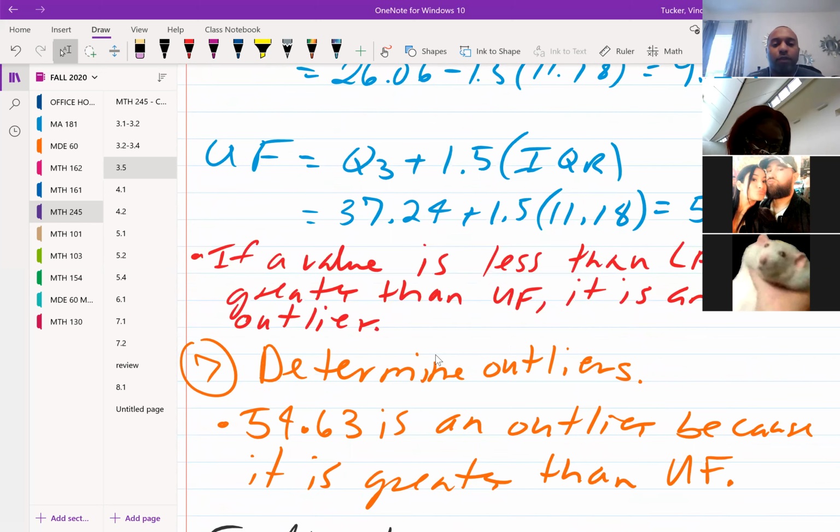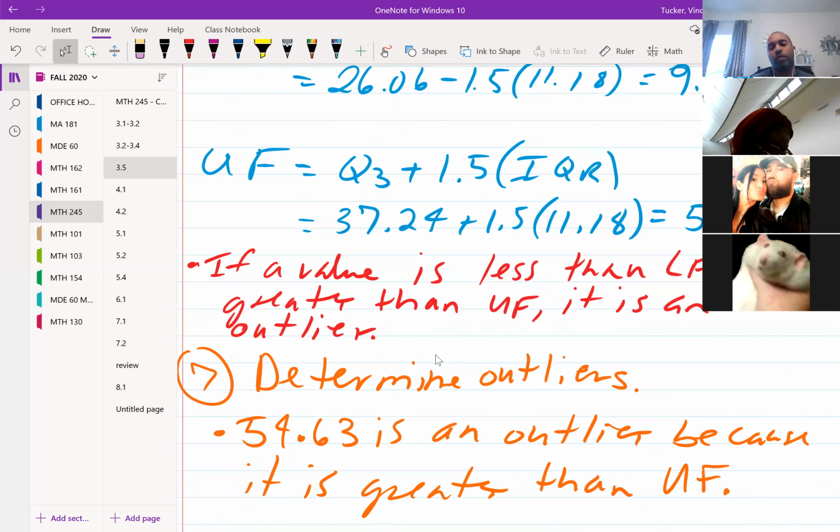And so we see that 54.63 is an outlier because it is greater than the upper fence. All right. So you need to perform all of those steps, all 7 of those steps, in order to be able to do your 5-number summary and your box plot.